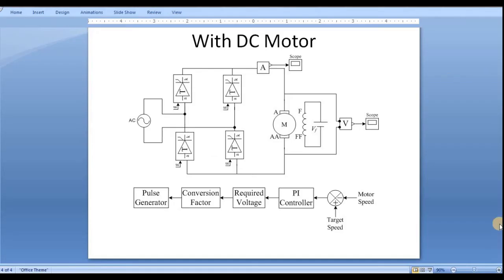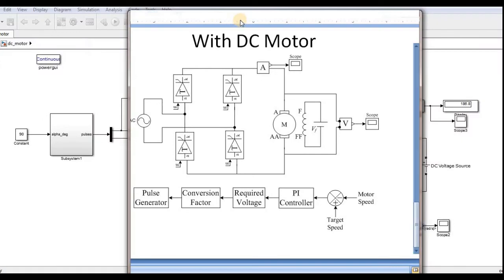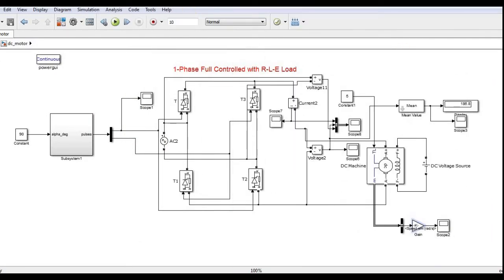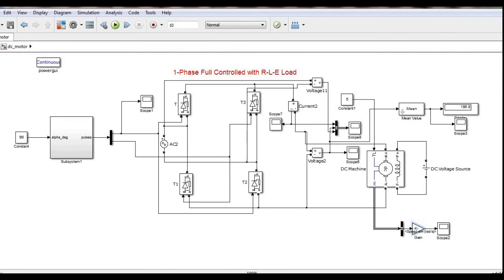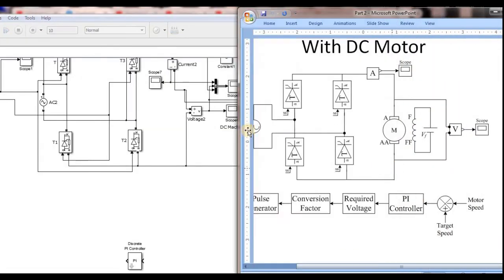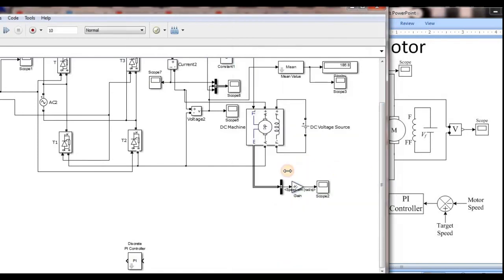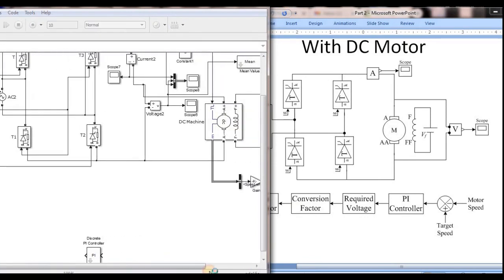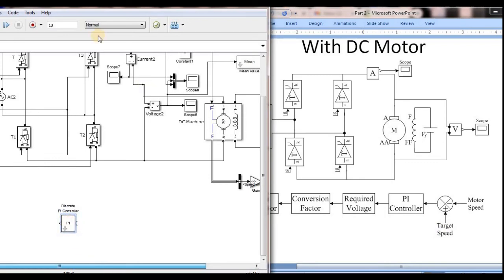So I will design based on the circuit, see the motor speed and target speed. I will make it small, and this is the other side. I want some summation of motor speed and target speed. Target is my reference one.